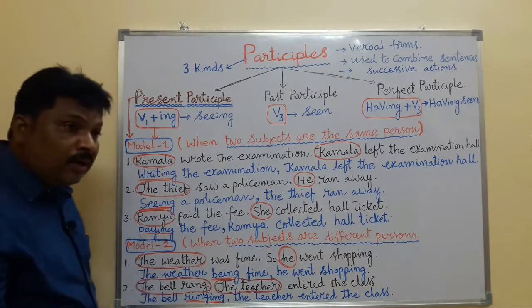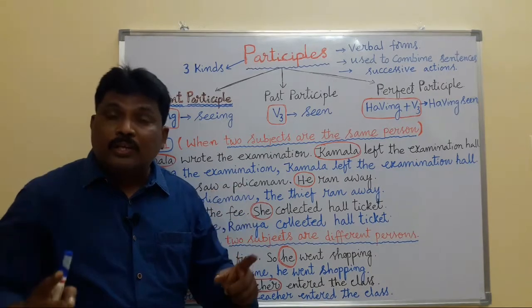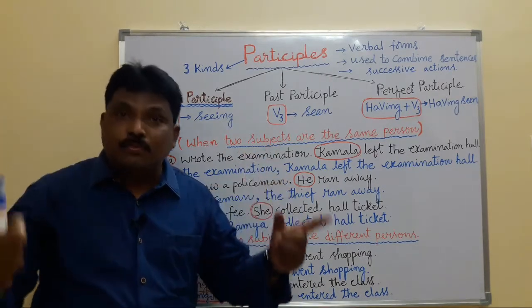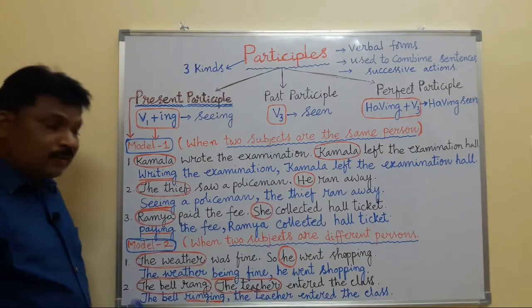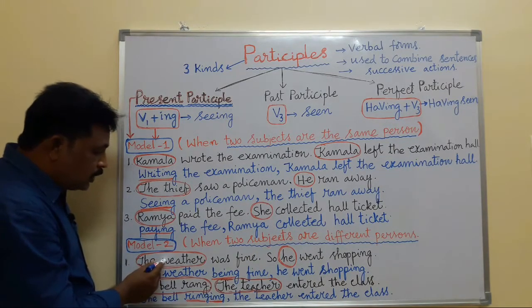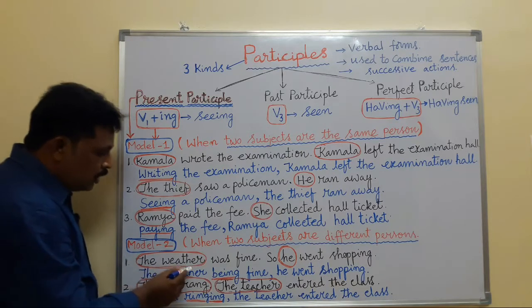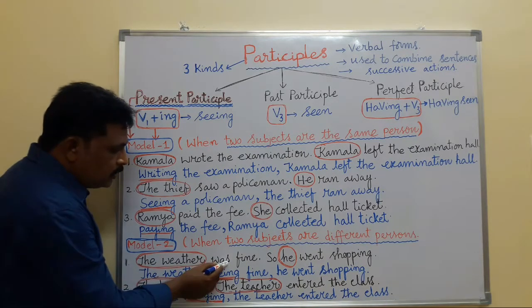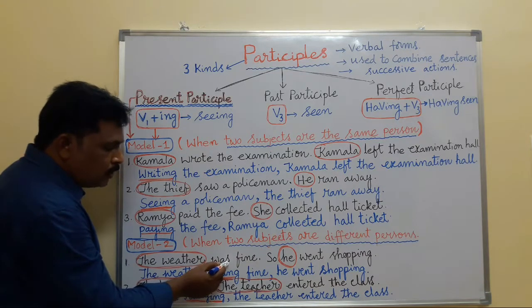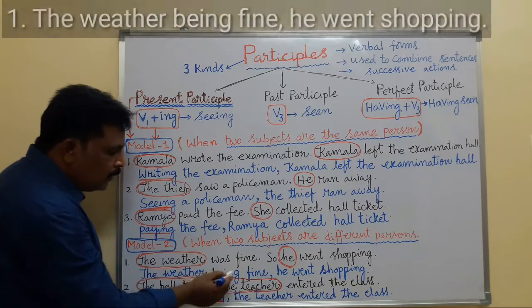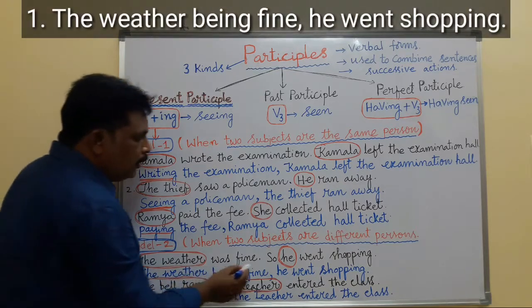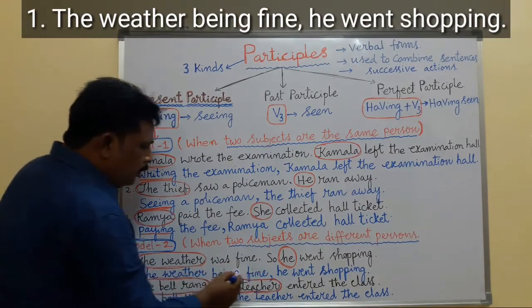So whenever the two sentences have two different subjects, then remember we must start the answer with the first subject of the first sentence. What is that? The weather. This is the verb was. So what is this? Was is the past tense be form. So be form plus ing, being. The weather being fine.